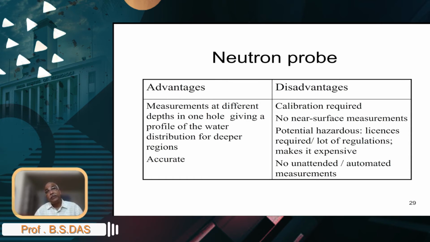To summarize, some of the advantages are, of course, that this is not a completely destructive sampling, because you don't need to carry the soil to the laboratory. It's a kind of field condition, giving you the soil wetness in that entire profile without having to dig out the soil and take it to the laboratory. So that's a strong advantage.